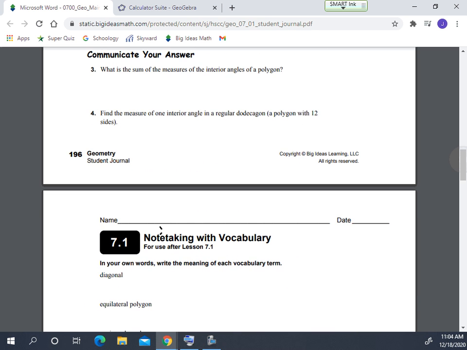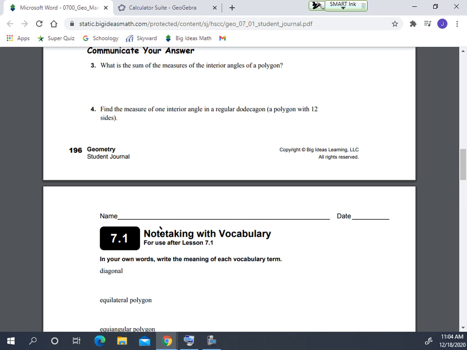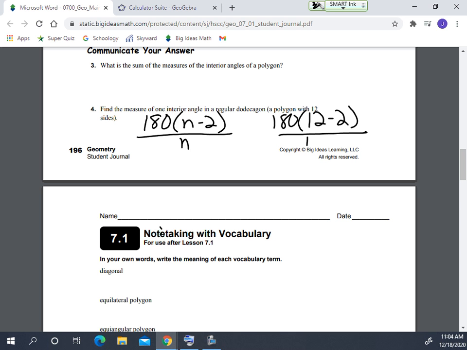I'm going to scroll down, giving myself some room. So we remember our rule for one angle is 180 times n minus 2. That's to find the sum of all of them. Then we have to divide by the number of sides, where n is 12. So let's plug those in. We have 180 times 12 minus 2 divided by 12.